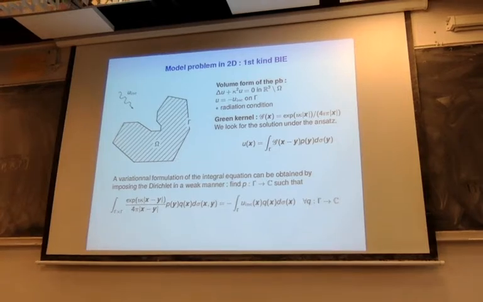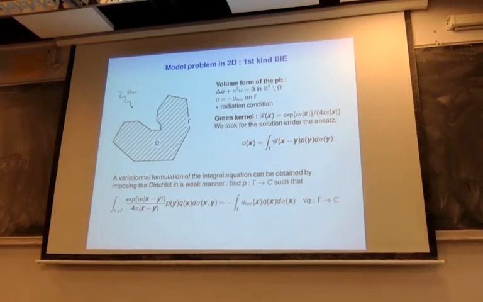By construction, because the Green kernel satisfies the Helmholtz equation except at the origin, U will satisfy the homogeneous Helmholtz equation, provided it admits this form.